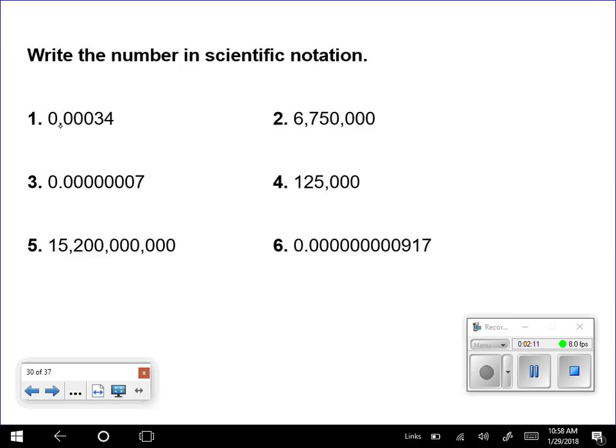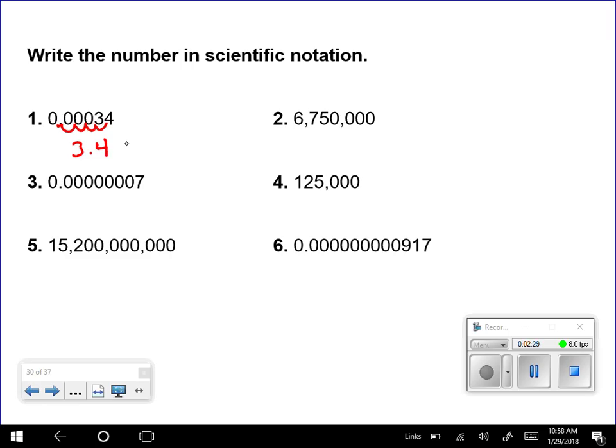So for this instance, if I wanted a number between 1 and 10, it would be 3.4. I wouldn't want 34, that's bigger than 10, and I wouldn't want 0.34, that's lower than 1. So 3.4 is our number.